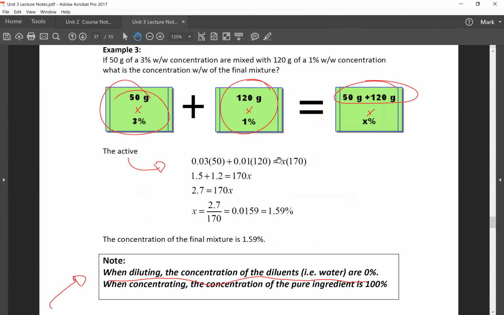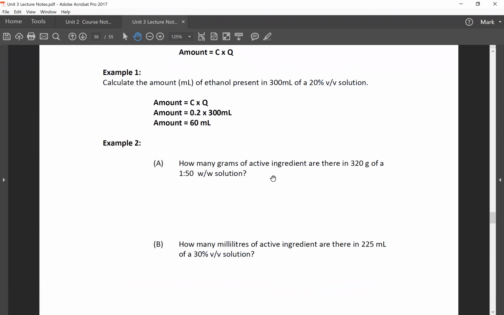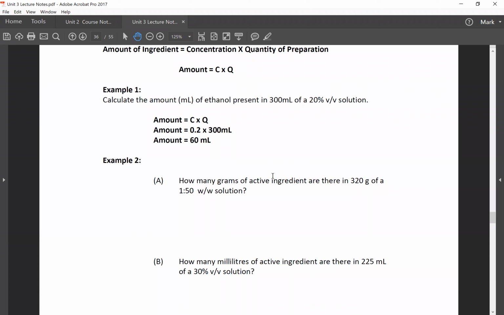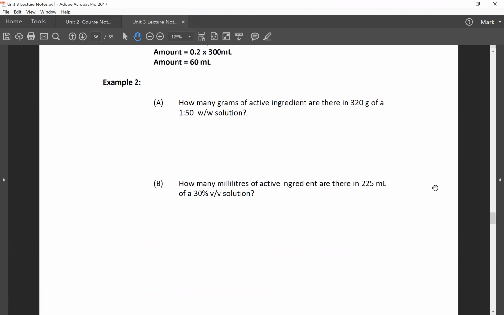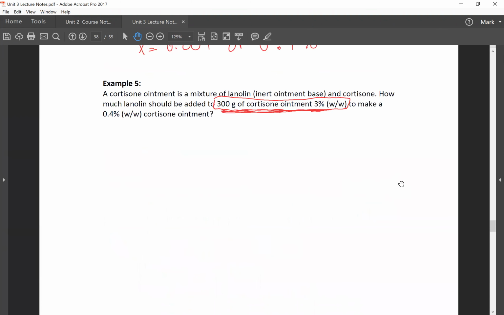Sorry, I'm just going to scroll up for a second. I can use this formula here. The amount is C times Q. I'm trying to figure out how much cortisone is in the 300 grams of my 3% solution. So the amount of cortisone in my solution would be my concentration times my quantity.